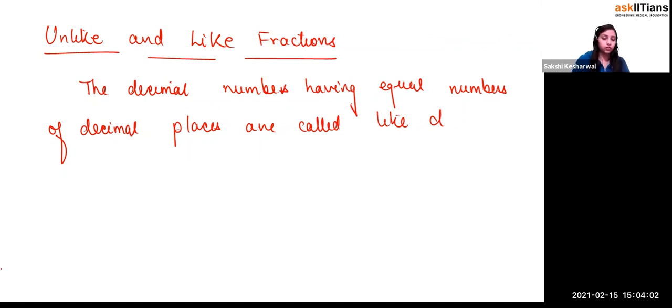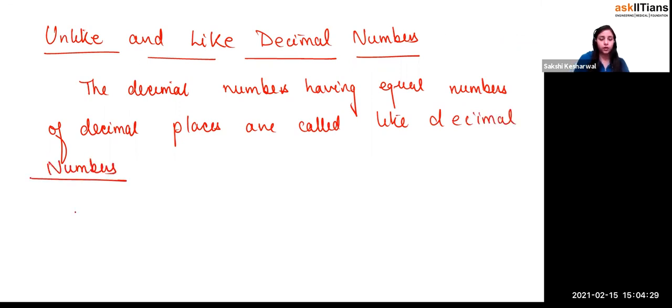I wrote fraction, that's my mistake. It's like and unlike decimal numbers. Decimal numbers having equal numbers of decimal places are called like decimal numbers.